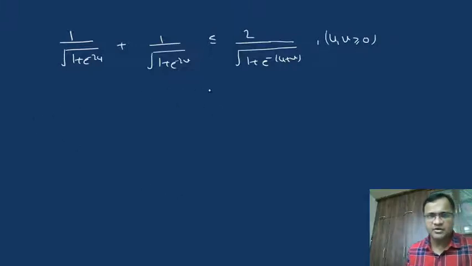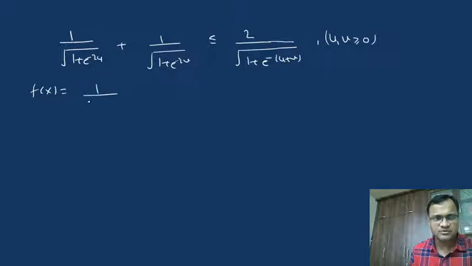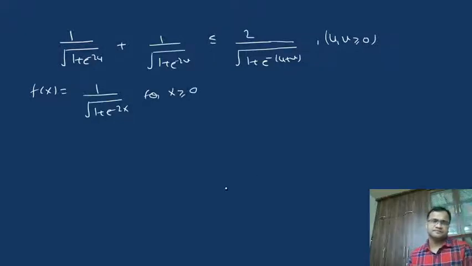In order to prove this inequality, we consider the function f(x) equals to 1 upon root under 1 plus e to the power minus 2x for x greater than or equal to 0.